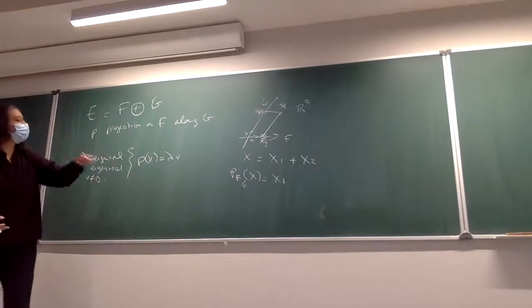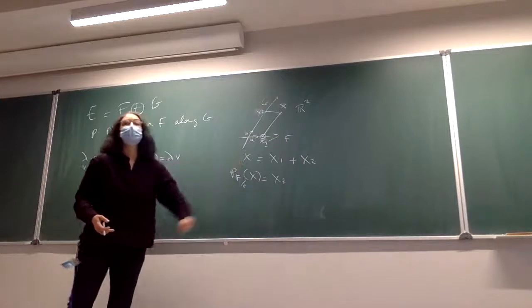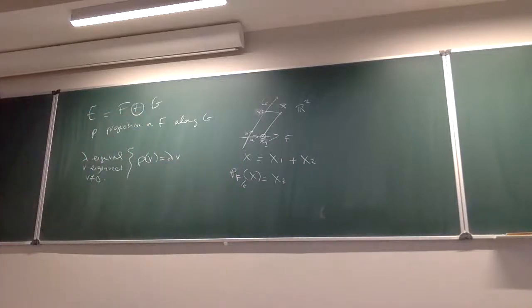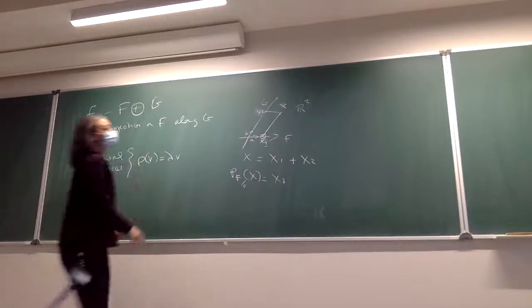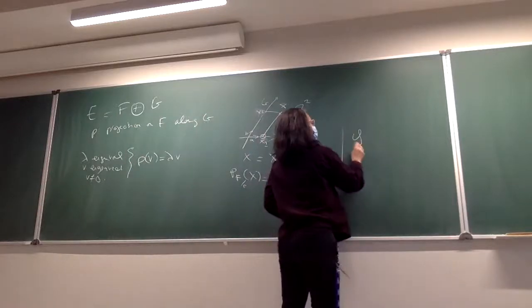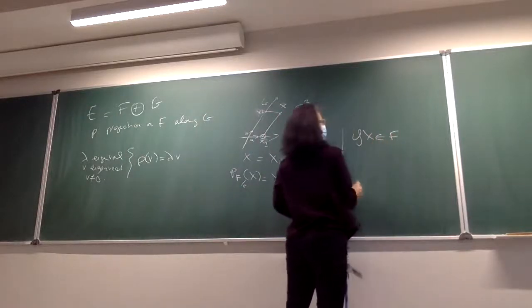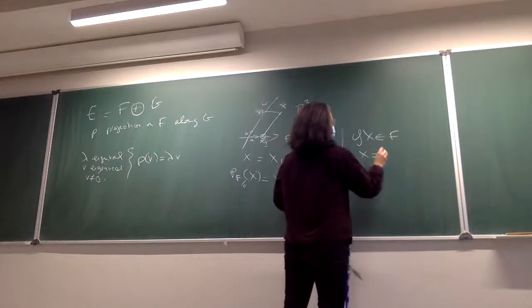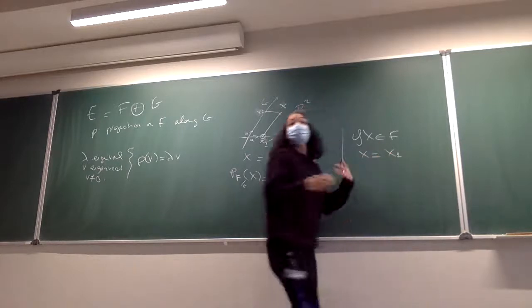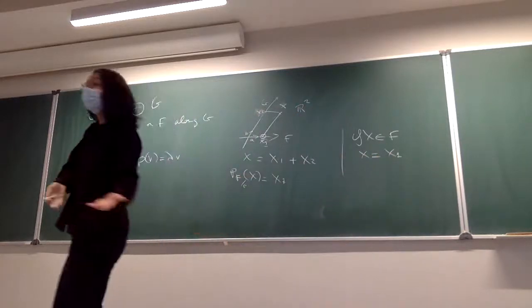So what are the items that would be written like this that will satisfy this property? Maybe a U from F. Yes? Yeah, sure. If X belongs to F, yeah? Okay, it means that X is just its X1 part.